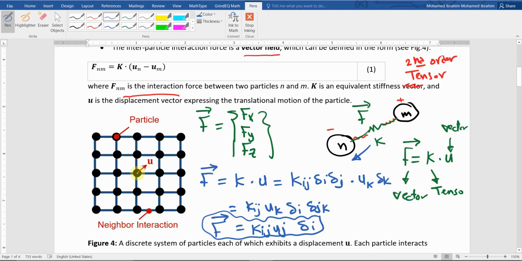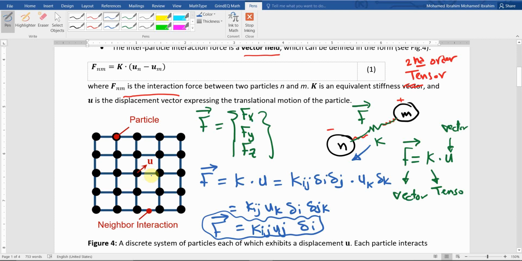The direct neighbors are this one, this one, this one, and this one, located along the horizontal and vertical directions. But the particles located over the diagonal, for this case, are all non-neighbors, so there is no interaction between them. The interaction is just between the nearest neighbor particles.